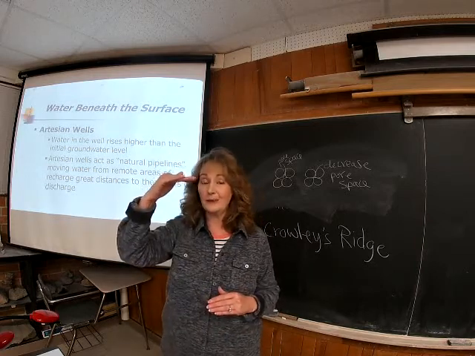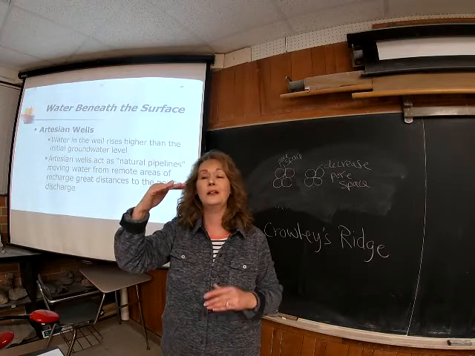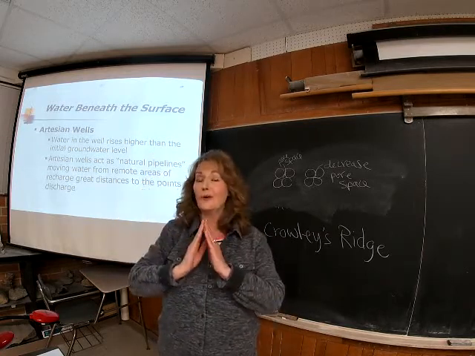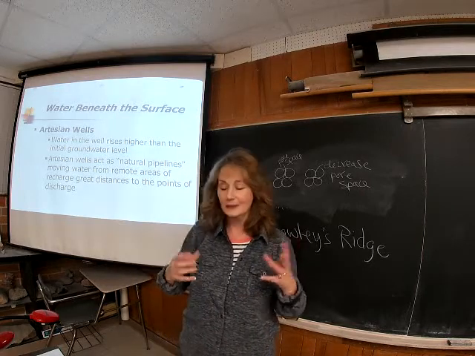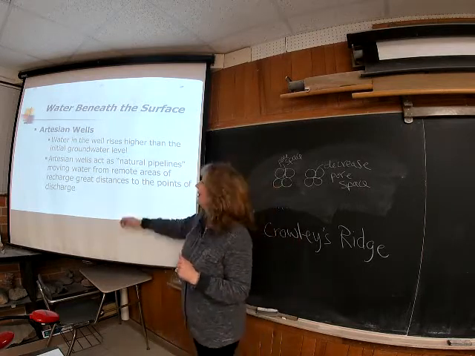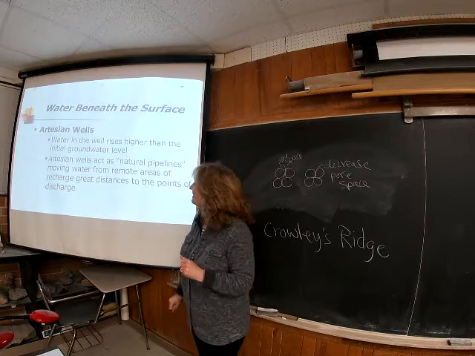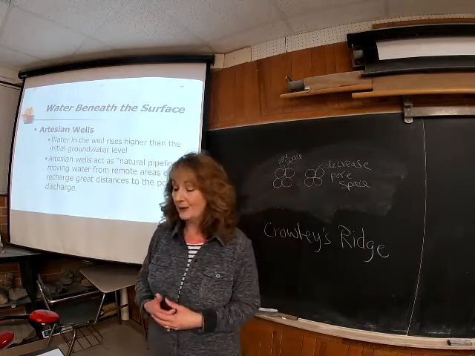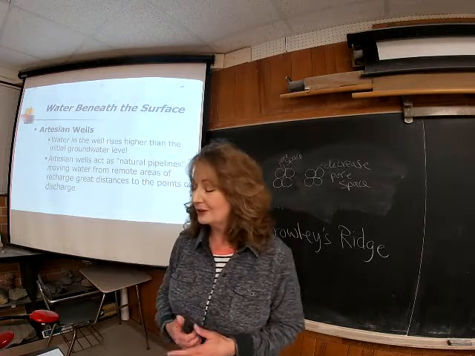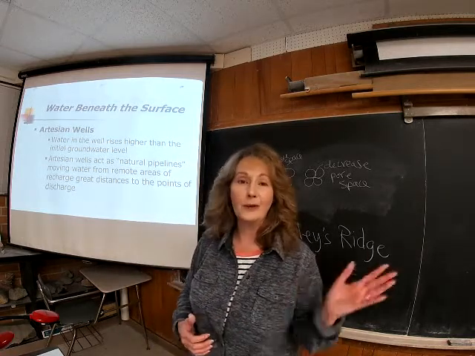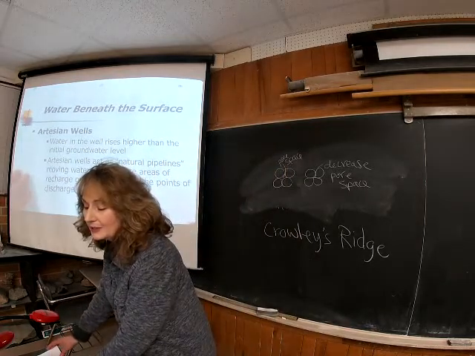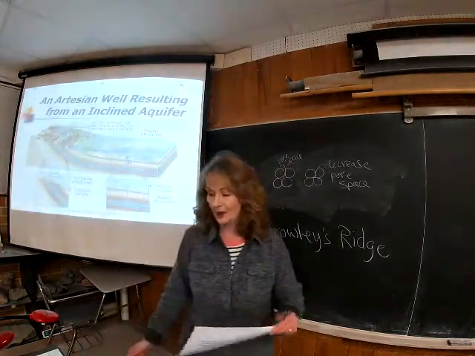So if you get to that pressure surface and you build your well beneath that pressure surface, that water is going to go straight up. So we like our artesian wells, they call it. They act as natural pipelines, moving the water from remote areas, and can recharge great distances from their discharge point. So we like those artesian types of wells.